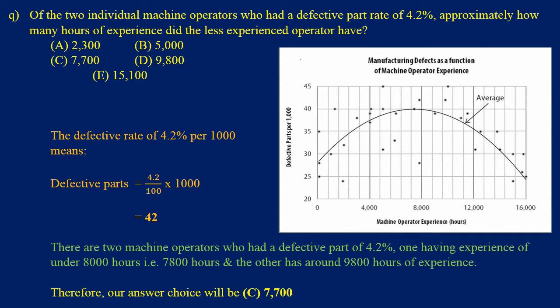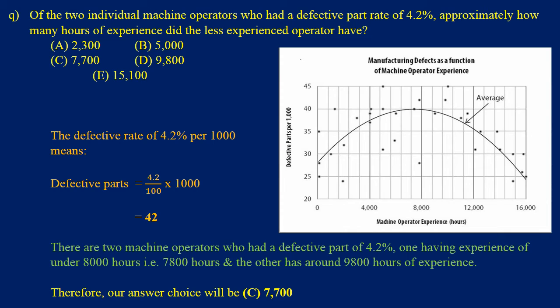Now the data for this question is also represented in the form of a graph. On the vertical side of this graph we have defective parts per 1000 manufactured by a machine operator, and on the horizontal side we have machine operator experience in hours, which goes from 0 to 16,000 hours, and the defective parts per 1000 are from 0 to 45.